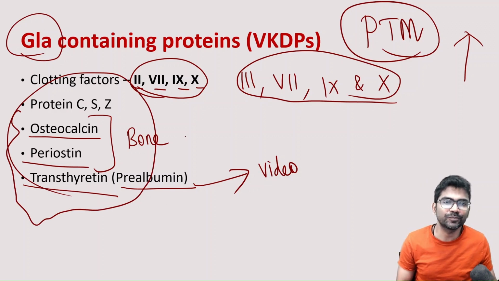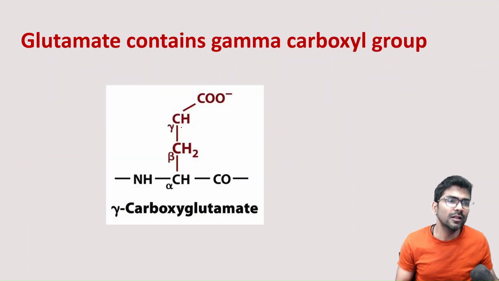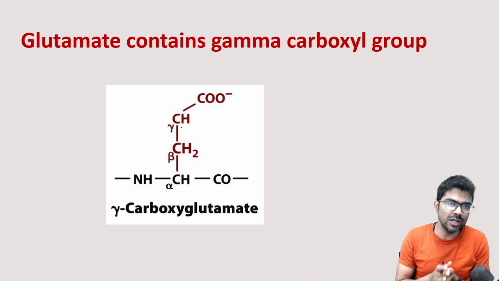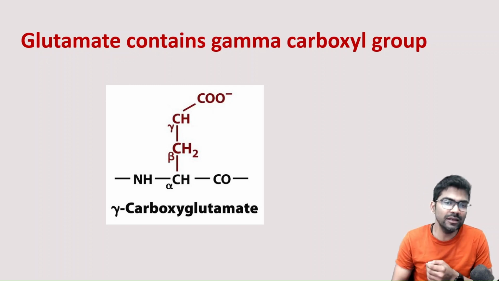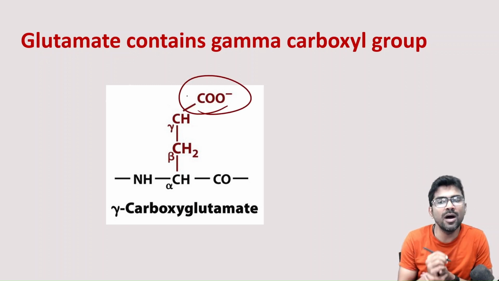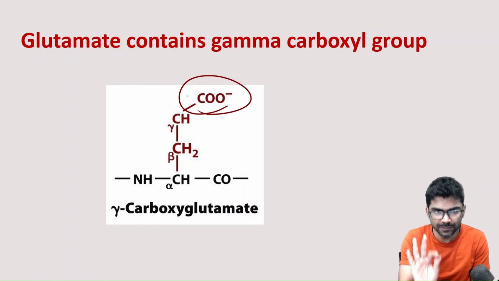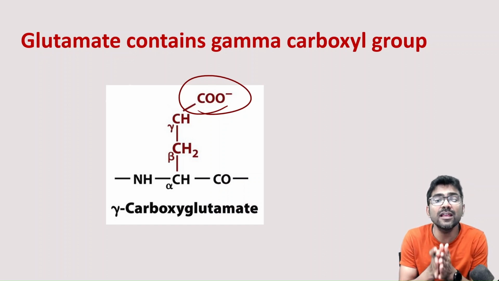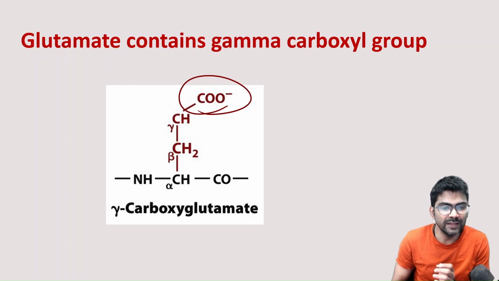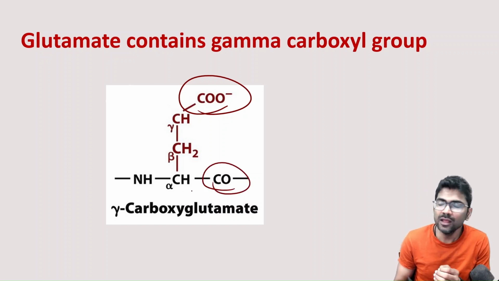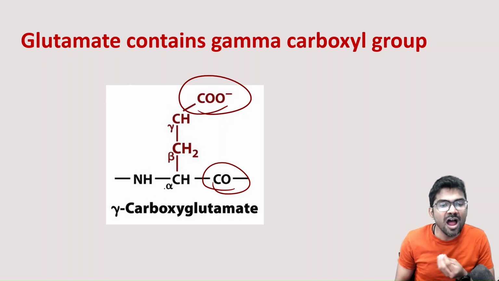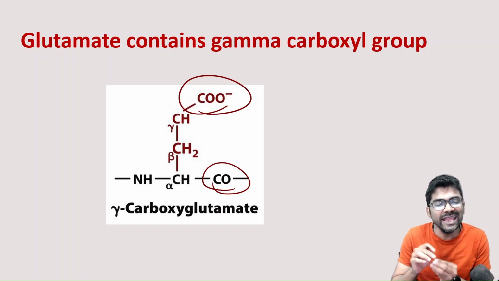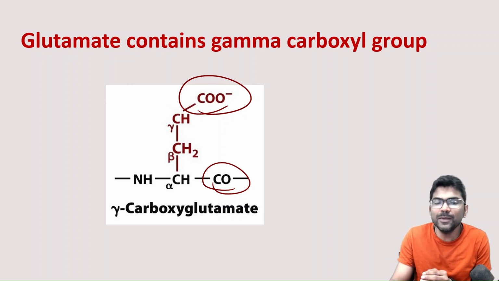Remember this. First of all, if you look at the structure of glutamate, it already contains one gamma carboxyl group, right? Glutamate is a dicarboxylic acid. There is one alpha carboxyl group and a gamma carboxyl group. In proteins, the alpha carboxyl group takes part in the peptide bond formation.